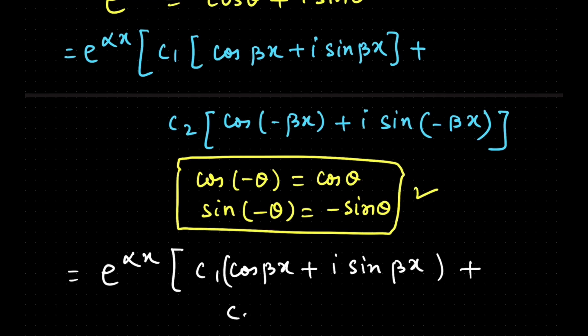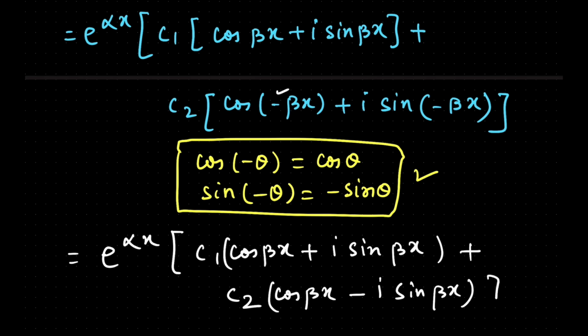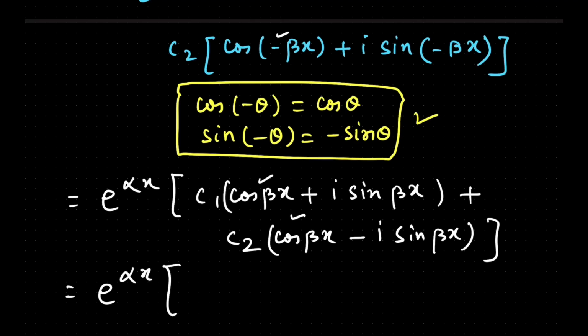plus c2. Here the minus will get cancelled out, so it will become cos beta x plus, sorry, here it will become minus i sin beta x. Now if you take cos beta x as common, you will get e to the power of alpha x (c1 plus c2) cos beta x.